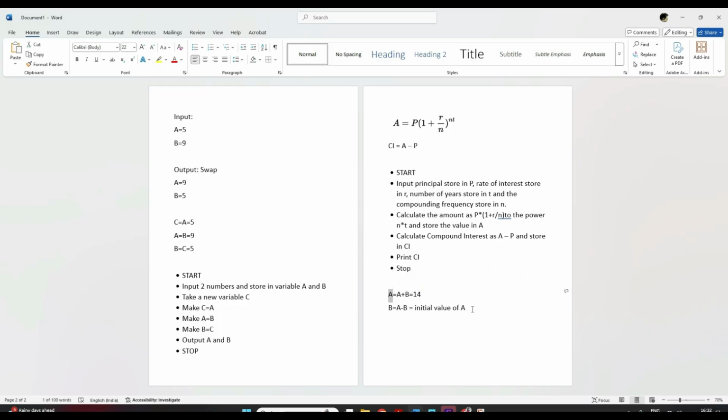Okay, clear? And then if I write a is equal to a minus b. Now see, in b which value are you having now? In b you are having now the a value, this value, correct?